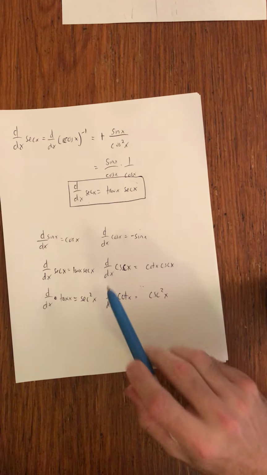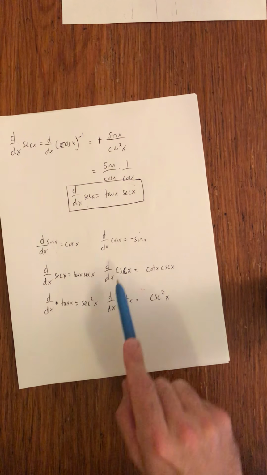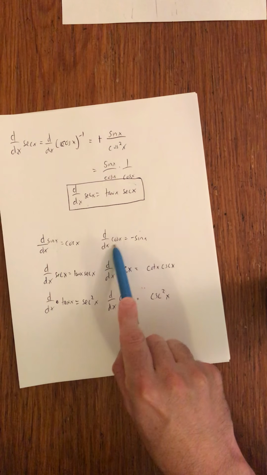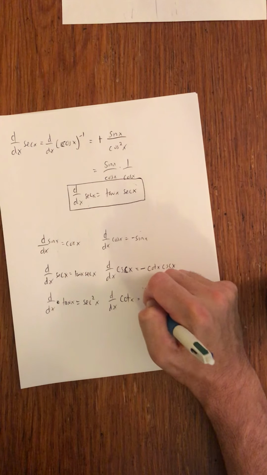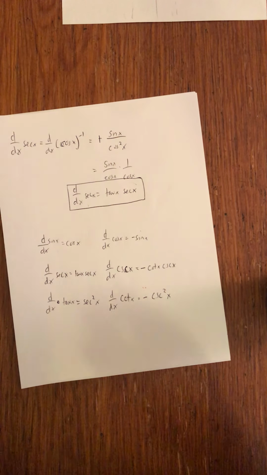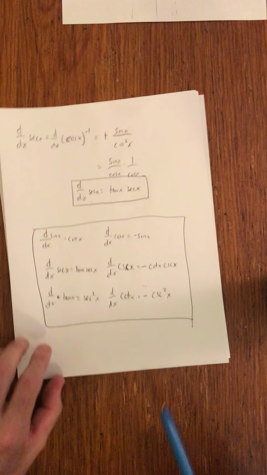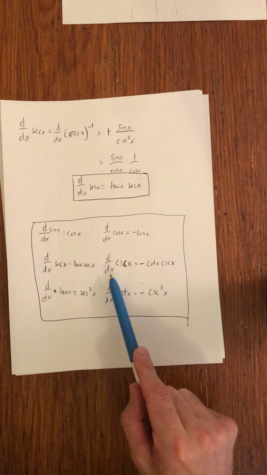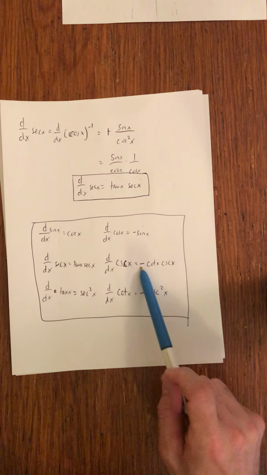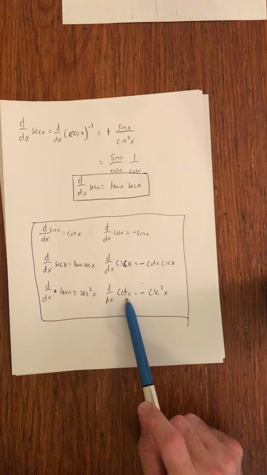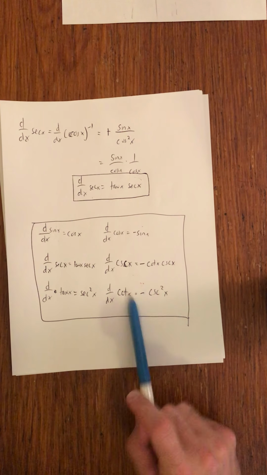Now, the next thing is, notice the derivatives of all the regular functions are positive, but the cofunction has a negative. So that would stand to reason that we would have a negative sign there. And actually, these are the right derivatives. Now, if you don't trust the analysis that I did, you can do as I said and do the derivative of sine of x to the negative 1 and show that you come out with this, and do the derivative of cosine of x times sine of x to the negative 1 and show it comes out to this.